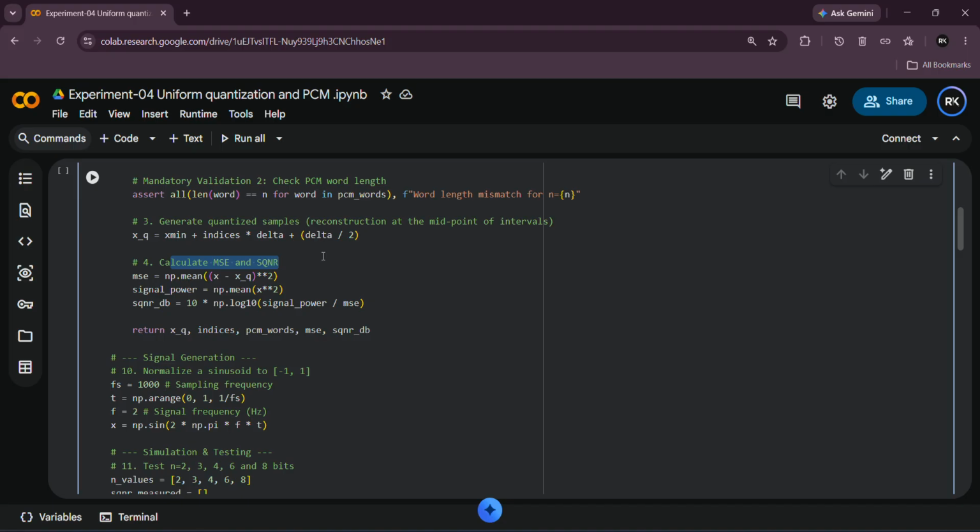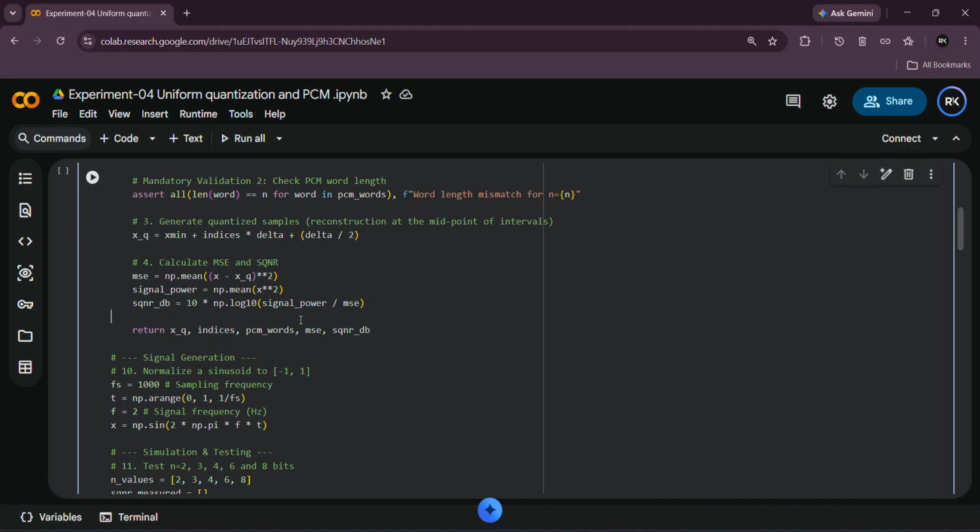SQNR tells us how strong the original signal is relative to the noise introduced by quantization. Higher SQNR means better fidelity. Here you can see the MSE and the SQNR.